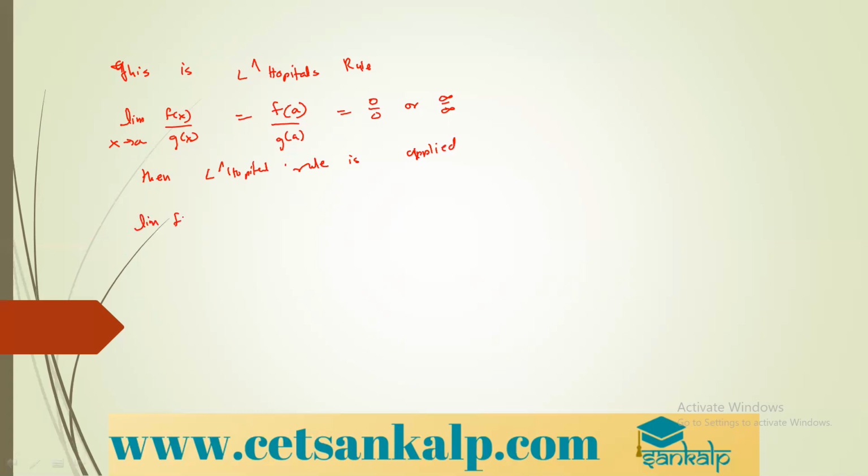Limit of f of x by g of x as x approaches a is the question. So that will be equal to limit of f prime of x by g prime of x as x approaches a. But suppose if you directly put a, f prime of a and g prime of a, if you get 0 by 0 or infinity by infinity again, then again L'Hopital's rule is applied.